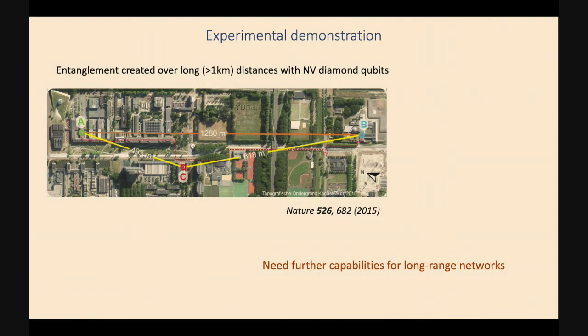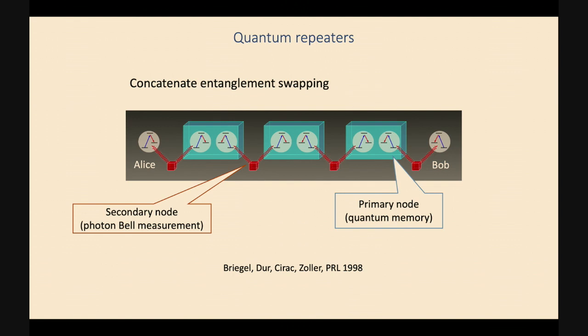And then the photons come out these yellow lines and come together in lab C, where this joint measurement happens. And this process entangles qubits A and B that you can see here are more than 1 kilometer apart. But of course, that's not enough.